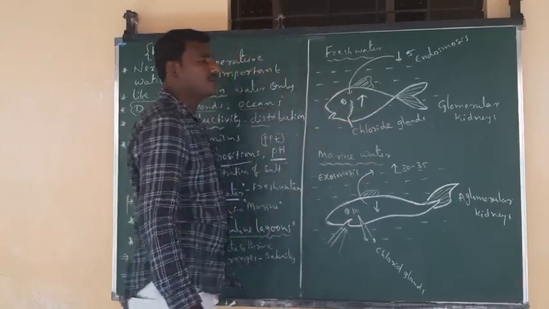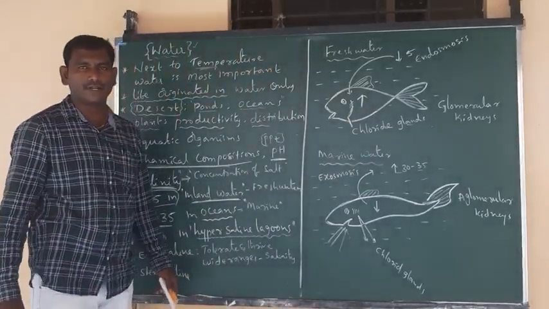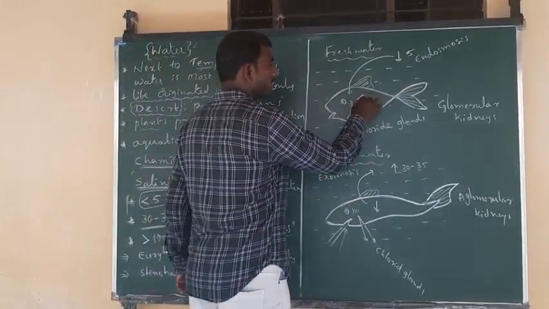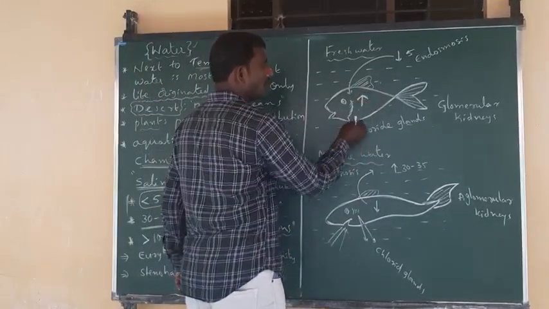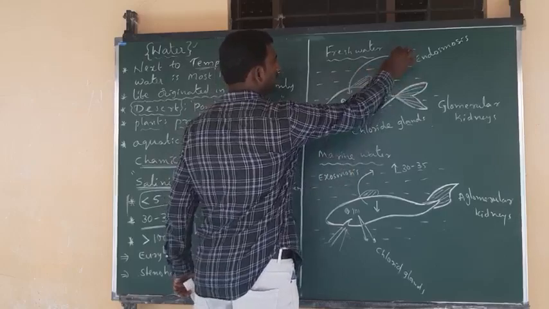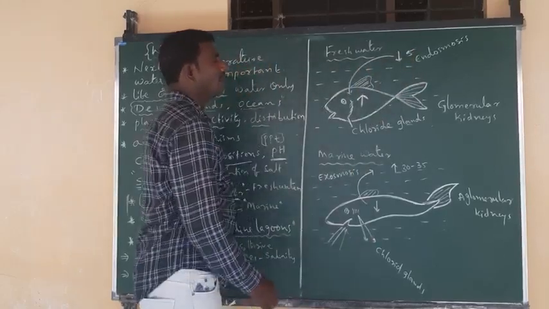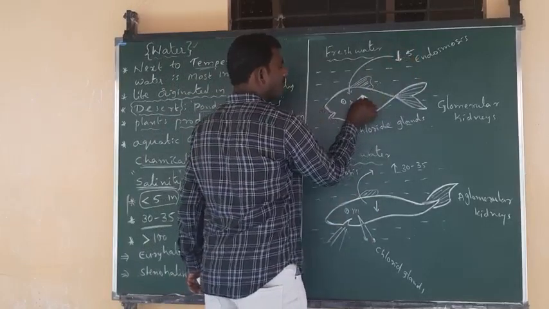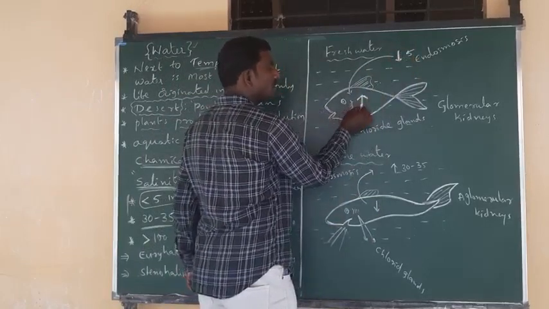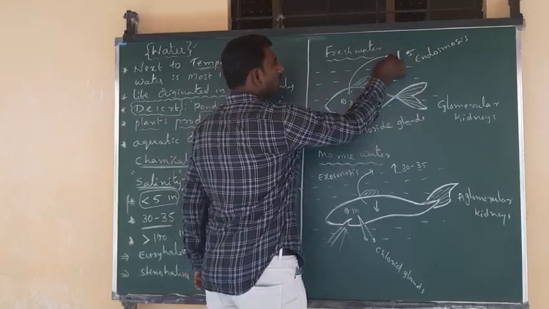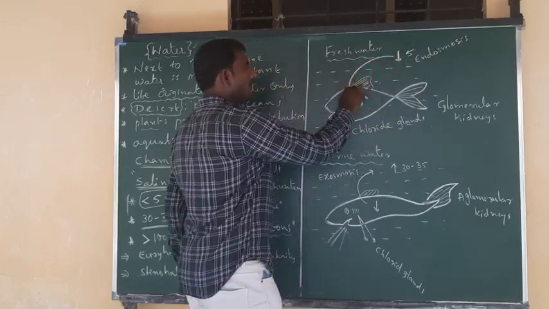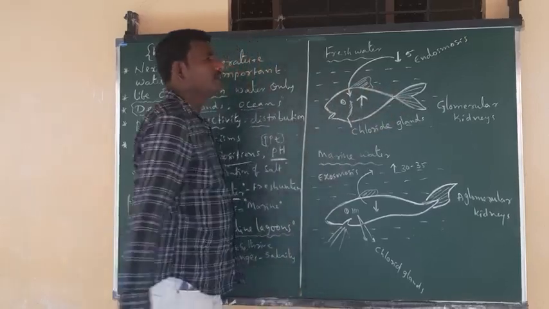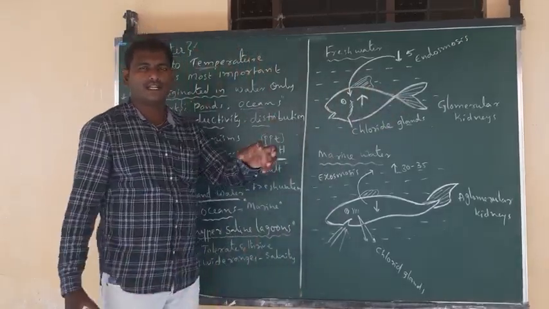Body fluids are blood, lymph, whatever is in liquid form. The salt concentration of the body fluids is more compared to the surrounding water. Because of that, water enters the body through the skin directly.